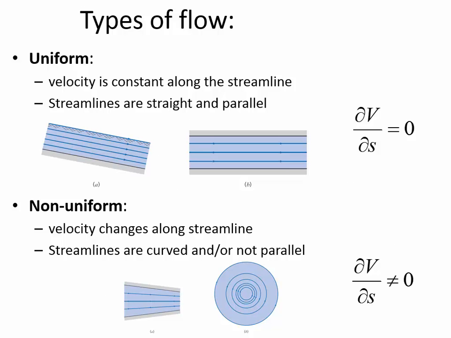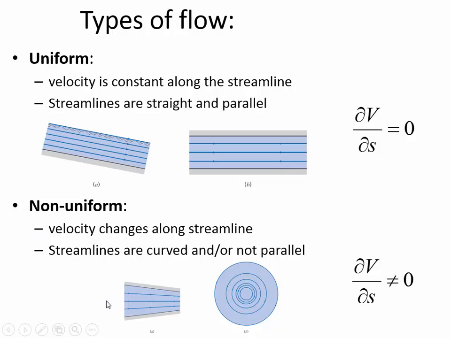All right, well, Chapter 10. Here we are, open channel flow. You may remember this slide from fluid mechanics where we were talking about uniform versus non-uniform flow. When we were classifying flow, the velocity can either be fixed with respect to position in the case of uniform flow, or it can vary.